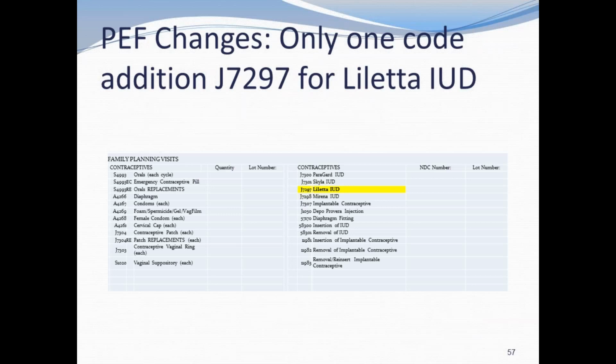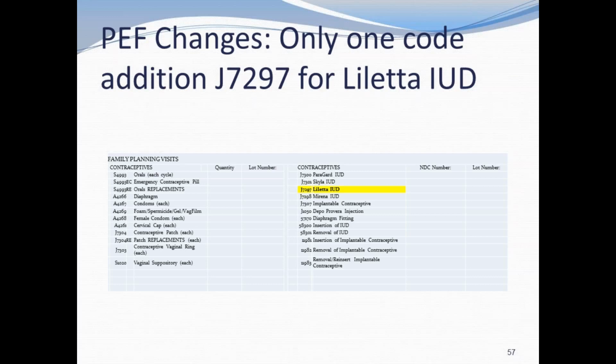Now, I told you at the beginning that I had one change that we have added to the PEF, and I'm not sure if it's on the website yet or not, but I'm hoping that it will be soon. We added J7297, which is the Liletta IUD. Joy Hoskins actually told me about this.